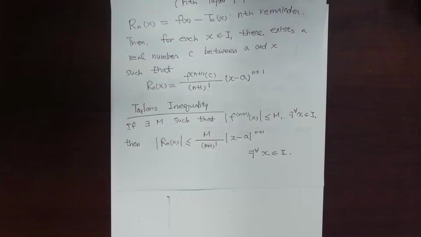What's happening here is we want to compare the function with the first n plus 1 terms in the Taylor series. So just a polynomial rather than a series. And then we want to think about the maximum bound of the possible error when we eliminate the remaining terms beyond the n plus 1th derivative.